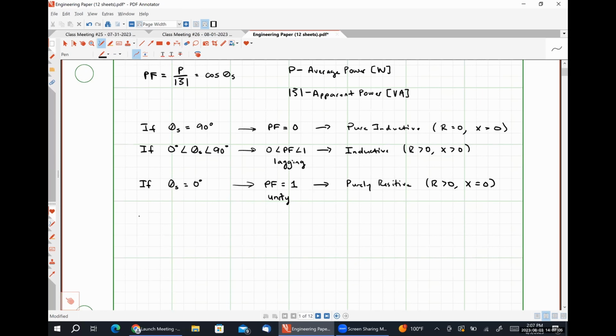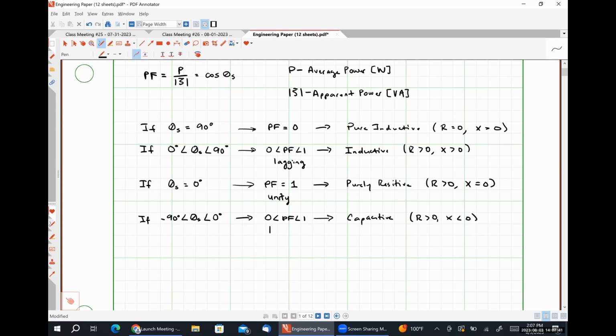If theta S is between 0 and negative 90 degrees, our power factor will range from 0 to 1. And here we have a capacitive load where our resistance is greater than 0 and our reactance is negative.